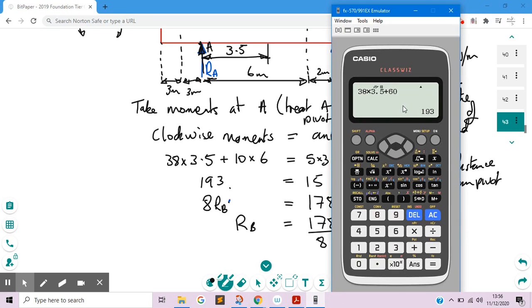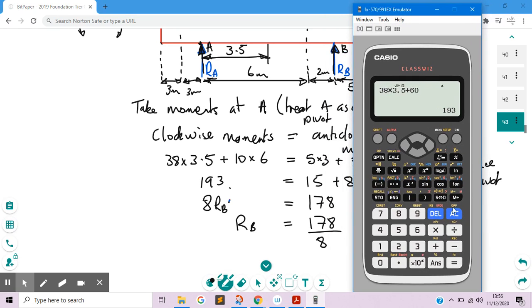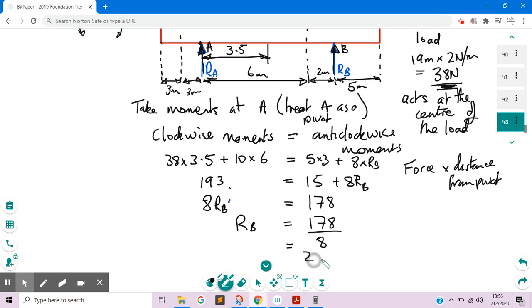And I'm going to use a calculator for that. 178 divided by 8. And that gives me that represented as a fraction, and if I press the SD button, that's going to convert it into a decimal, 22.25 newtons.